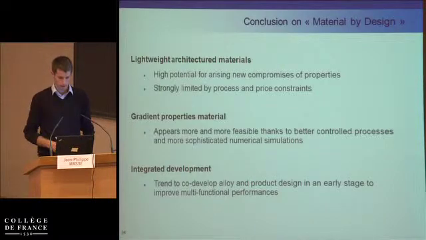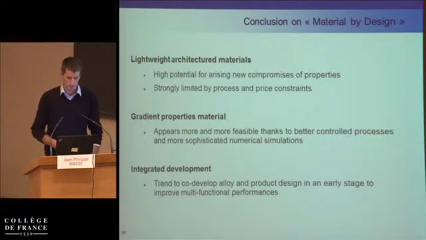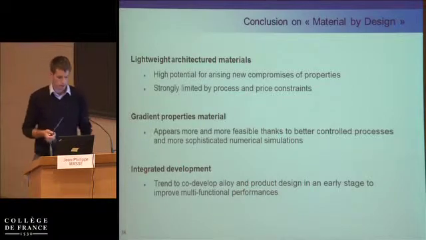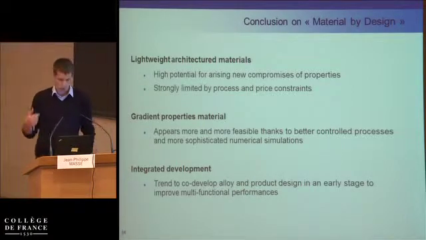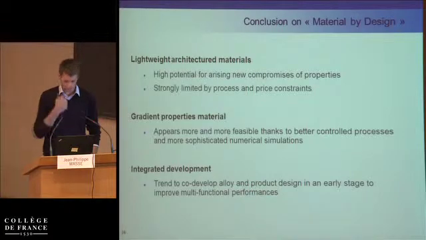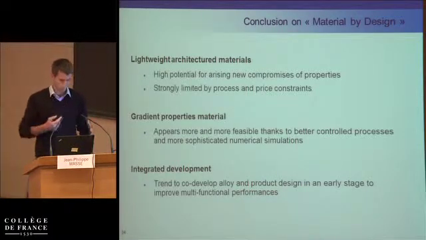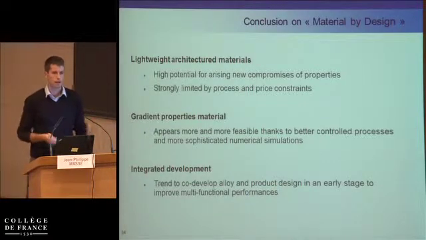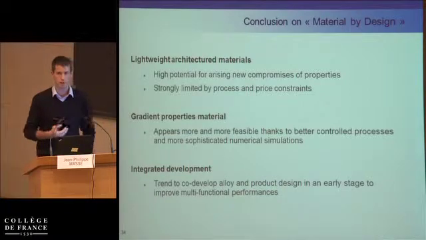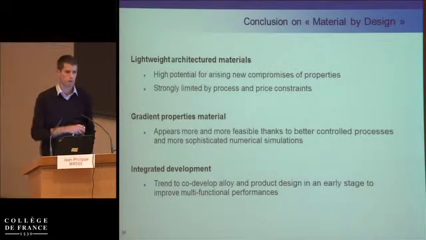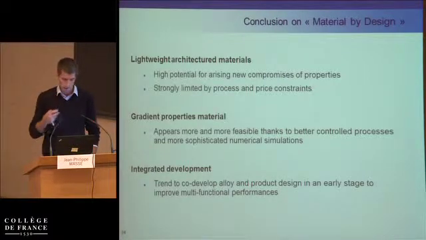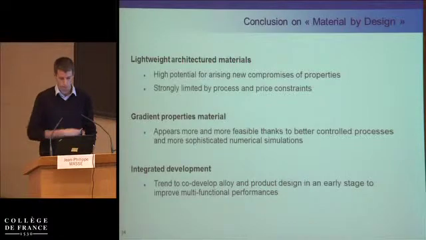But graded property materials are more and more feasible thanks to better control of processes in terms of metallurgy and temperature, and more and more sophisticated numerical simulation. People designing automotive or aeronautic parts are using more and more information from the process, including porosity and hardening from the previous step of the process.